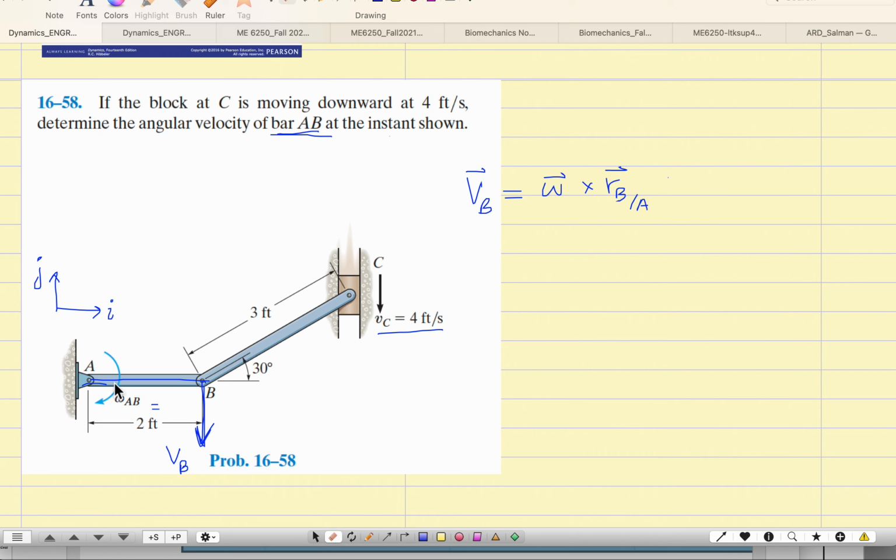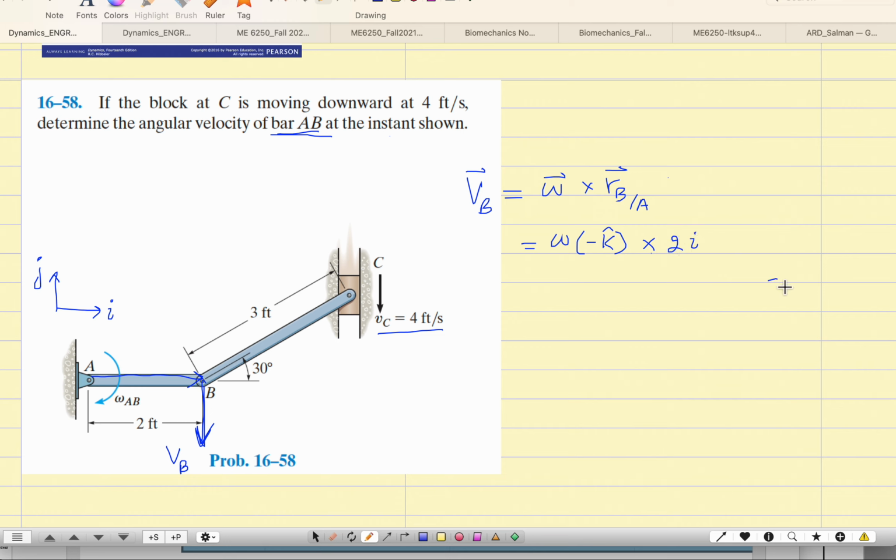But right now we don't know the angular velocity, so I'm going to write omega as a magnitude, and its rotation is clockwise, so I can write negative k, cross RB from A, and that equals 2 feet.